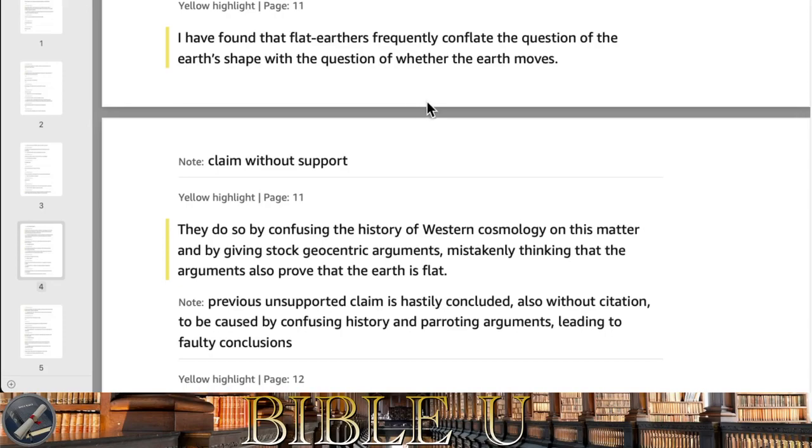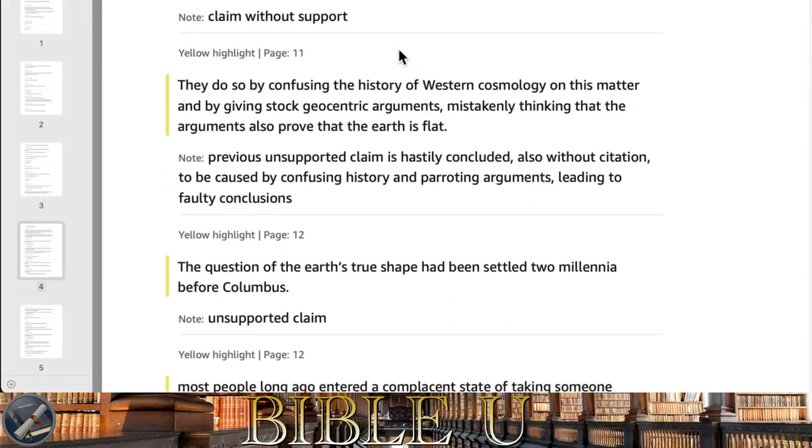And then later on, he says that they do so by confusing the history of Western cosmology on this matter, and by giving stock geocentric arguments, mistakenly thinking that the arguments also prove that the Earth is flat. As I've got in my notes here, this previous unsupported claim is hastily concluded, also without citation, to be caused by confusing history and parroting arguments, leading to faulty conclusions.